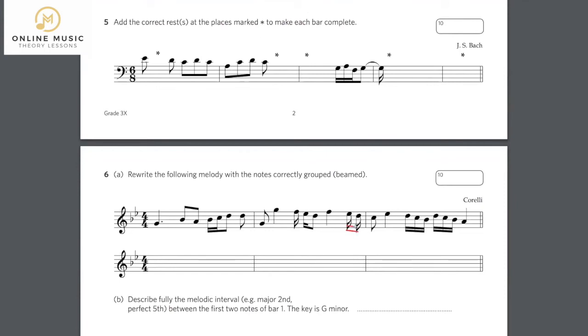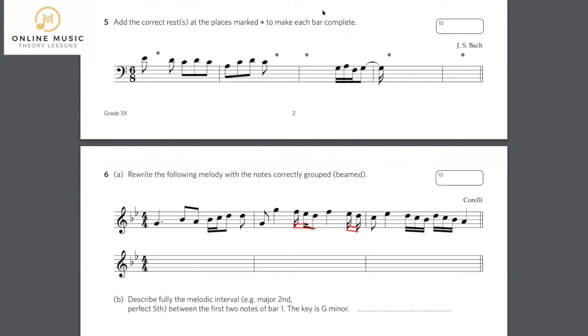So it's these two here. Definitely those two there. And that's pretty much it, I think. Yep. So everything else will be the same. So nice and easy to mark.